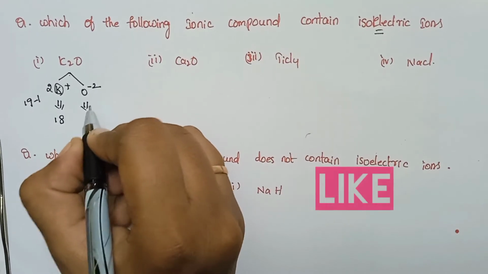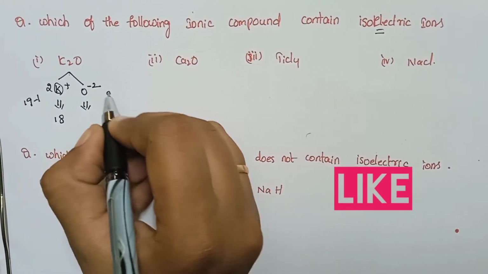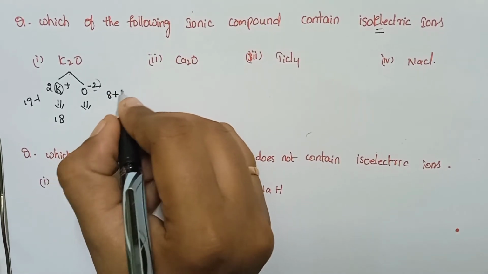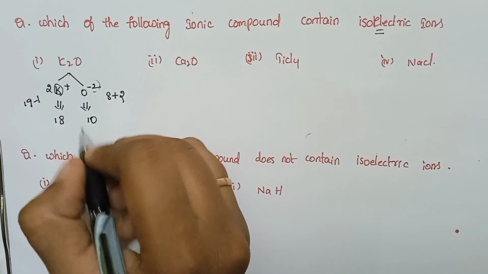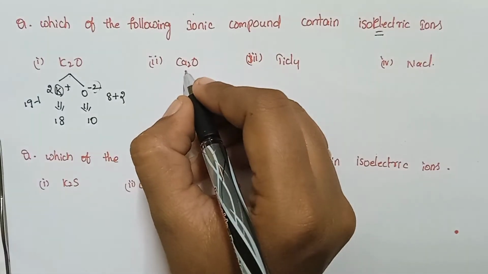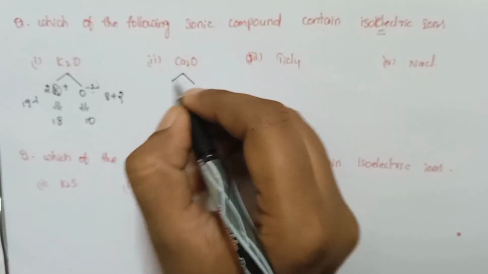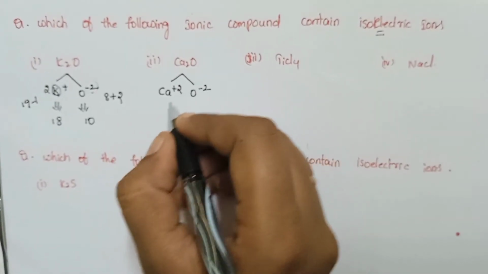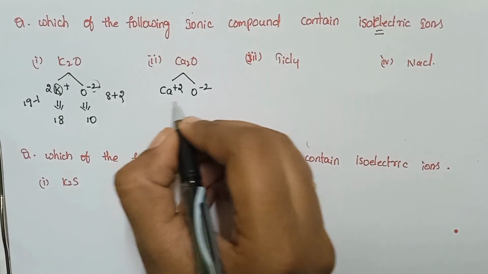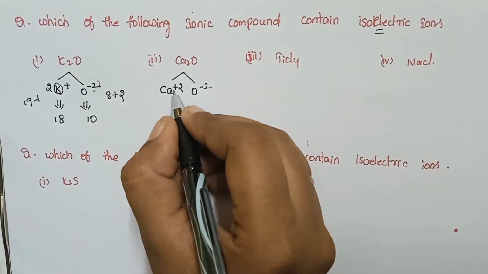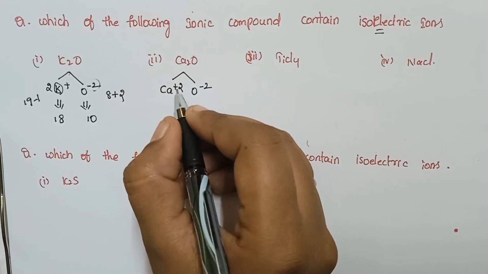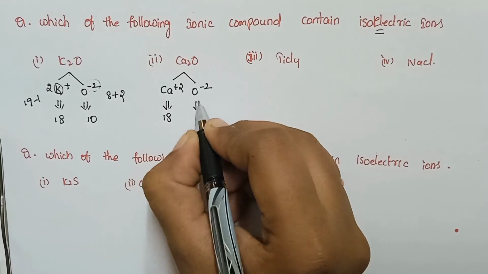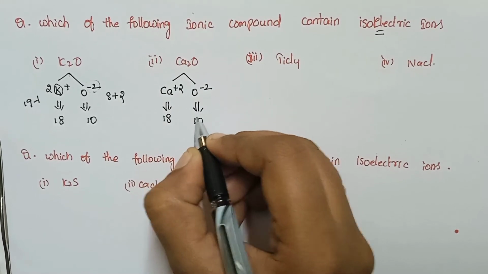Oxygen atomic number 8, anion means adding 2 electrons, that is 10. In the same process, CaO forms Ca 2 plus and O 2 minus. Calcium atomic number 20, plus 2 means removal of 2 electrons, that means 18. Oxygen 10.